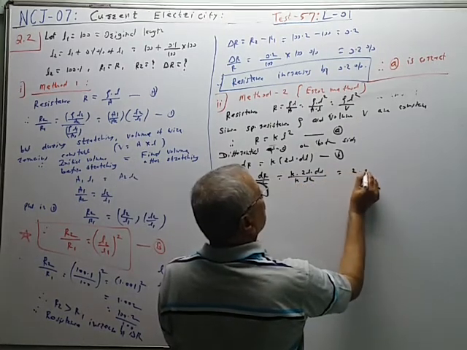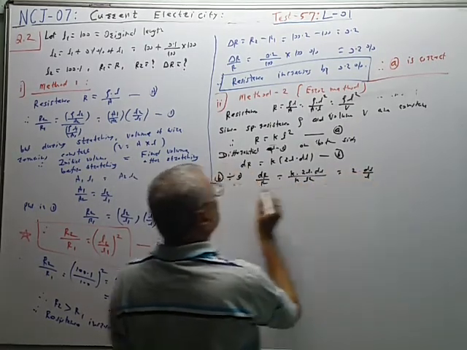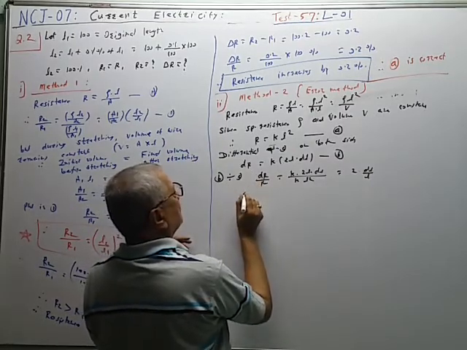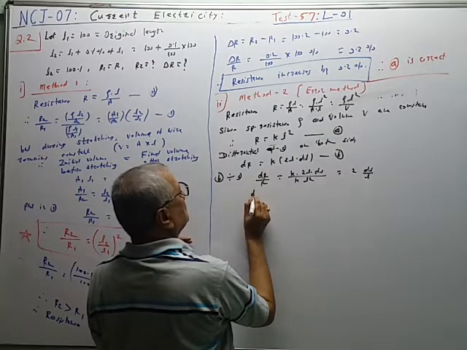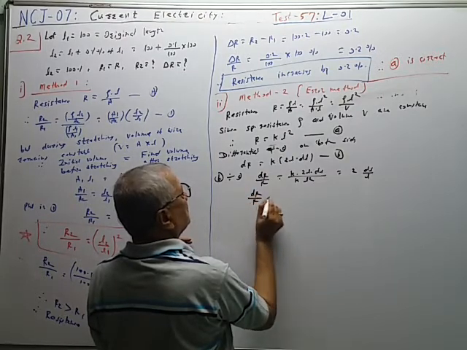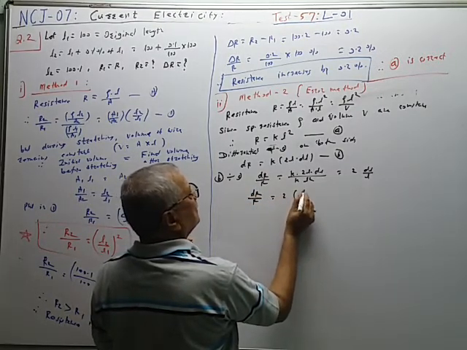So this is equal to 2 into dl upon L. Therefore, dr upon R is equal to 2 times dl upon L.